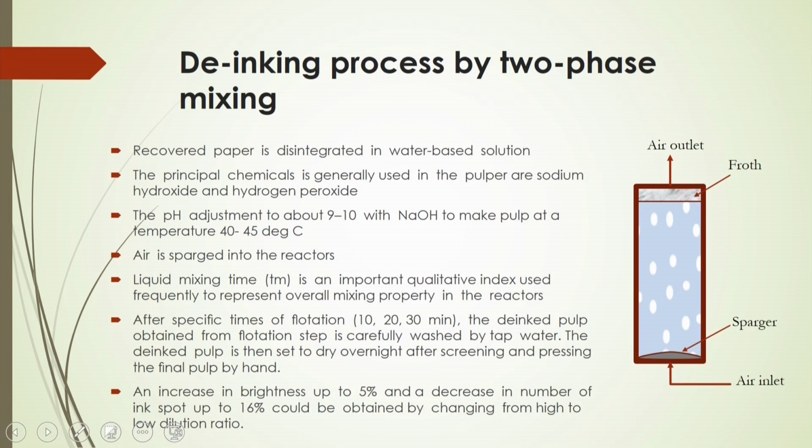Now, a more efficient process will of course enhance the removal of color. An increase in brightness, or removal of colorness, of 5% and a decrease in the number of ink spots of up to 60% can be obtained by changing from a high to low dilution ratio. So, it is very important how much dilution of the pulp you use, because in the column if you use dense pulp, it is very difficult to float that pulp.